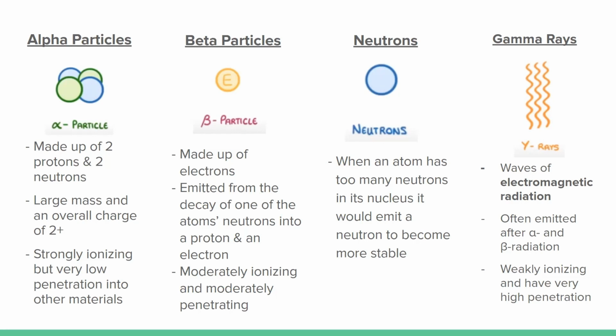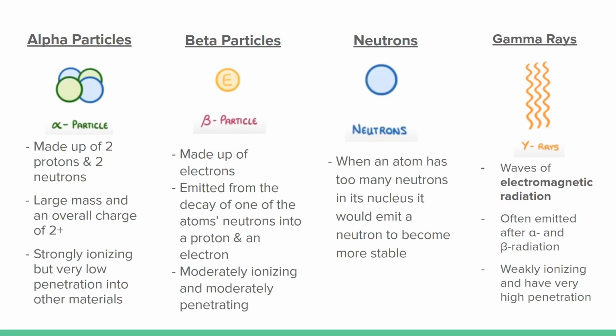Because electrons are particles with very, very low masses, they're moderately ionizing for different materials, but have very high penetration rates and are able to be stopped by several meters of air or thin aluminum sheets.